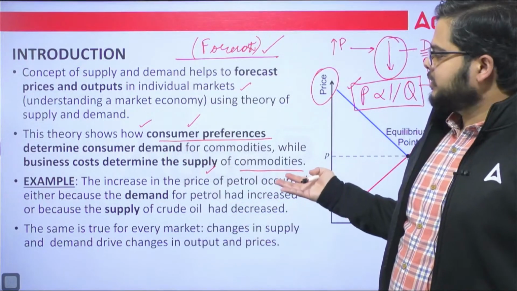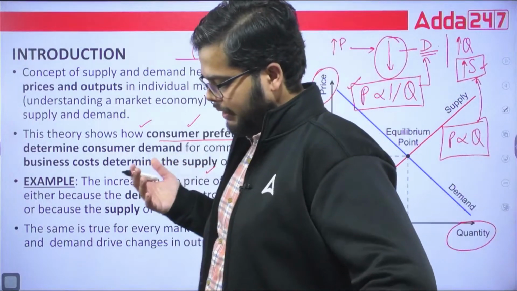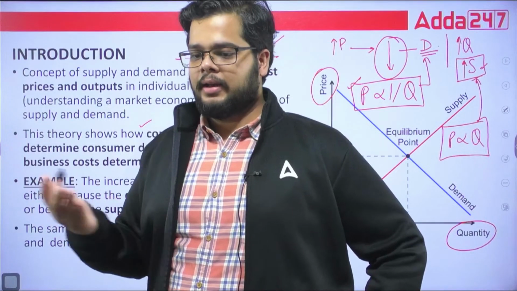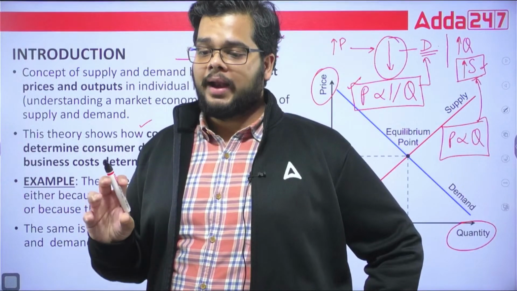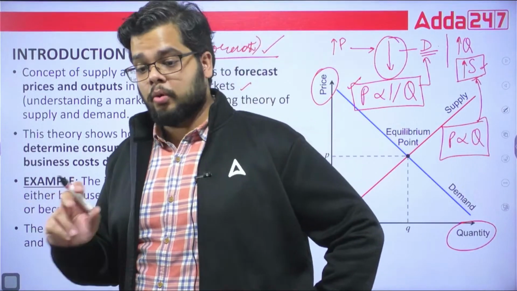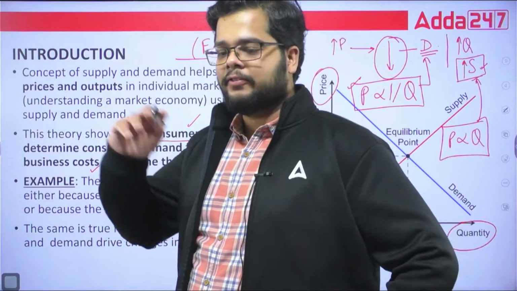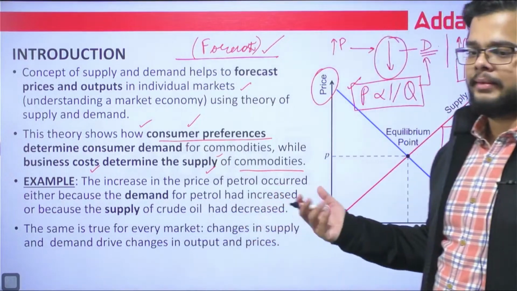And the supply will be restricted or enhanced by whom? The businessman, the business entities, the particular business owners. So all those business costs from raw material till the finished goods will determine the supply and obviously the prices.